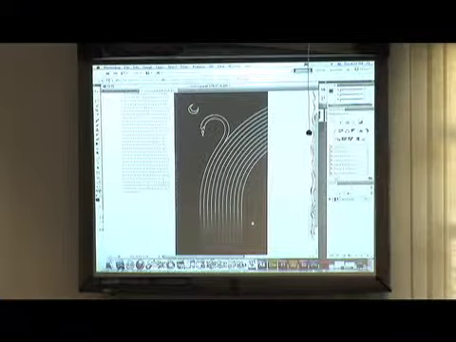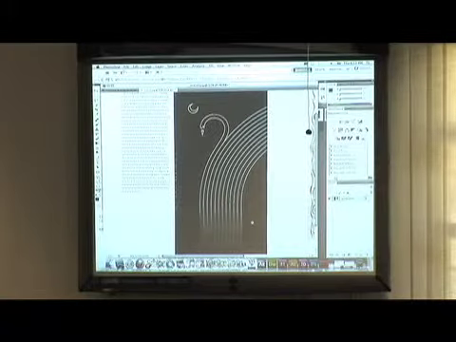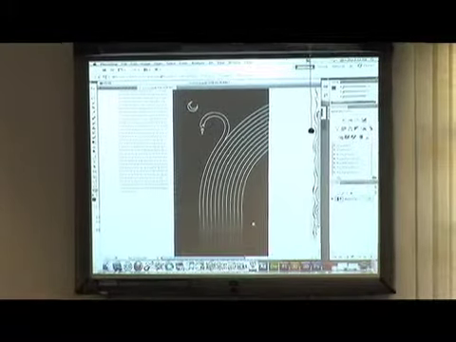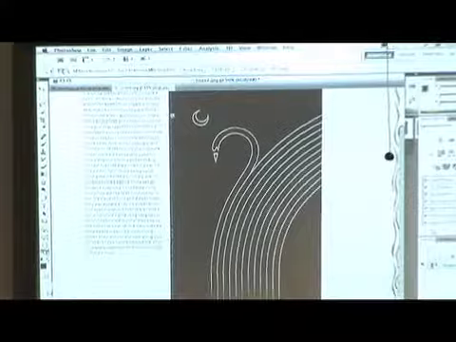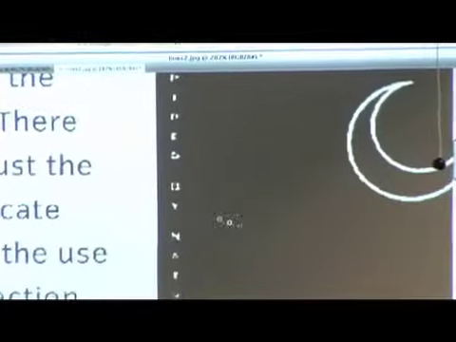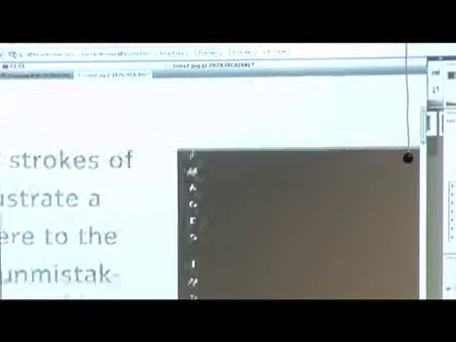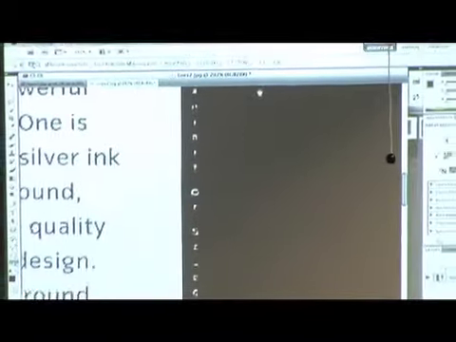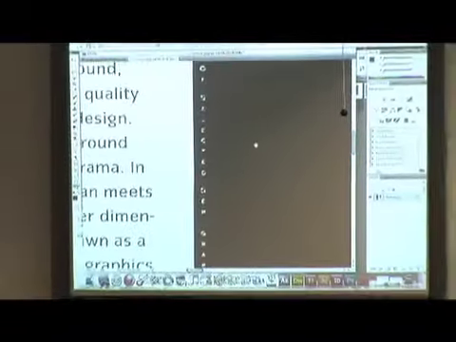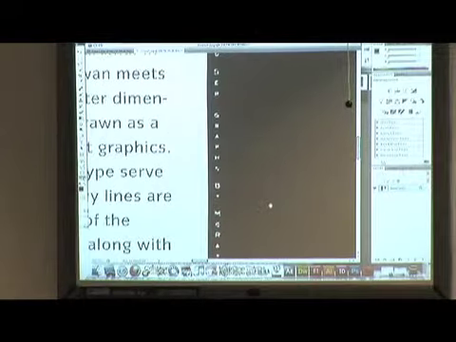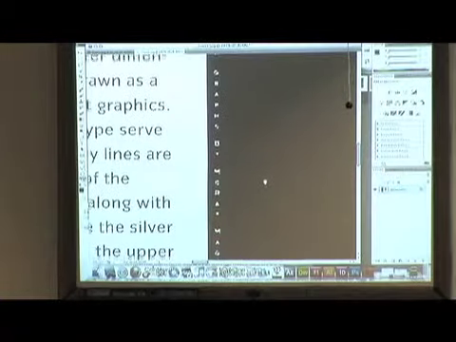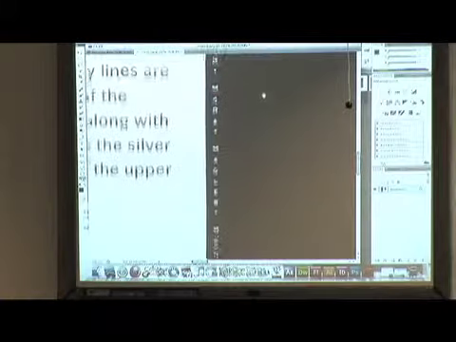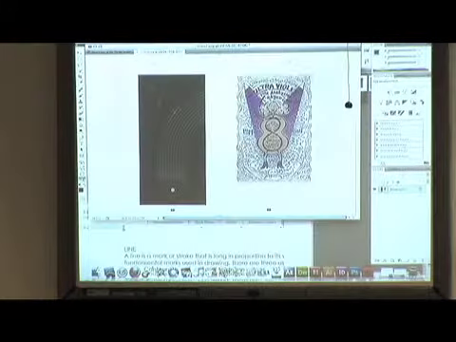Look at the text. Can you even notice that they're using text on the poster? The type? Look how small it is. But it is there, right? So images inspired by nature, and then an exhibit of selected graphs. So it's kind of like an art exhibit.